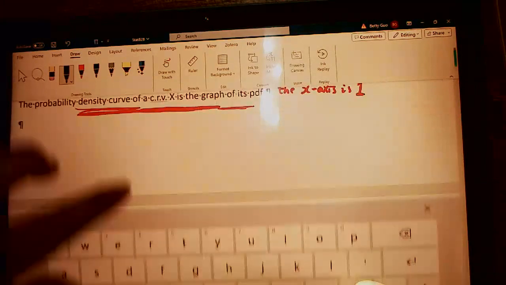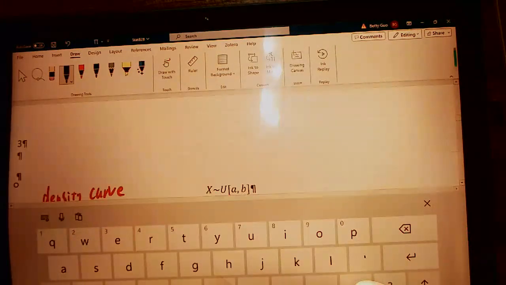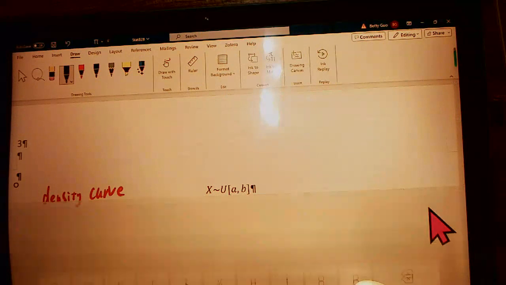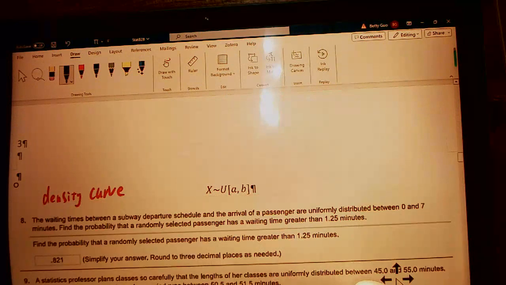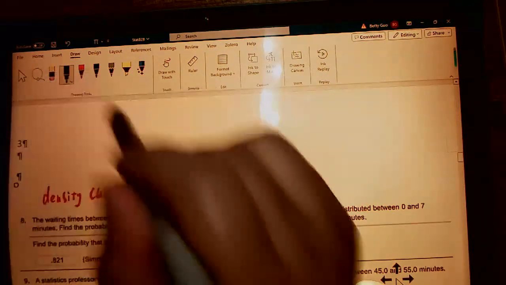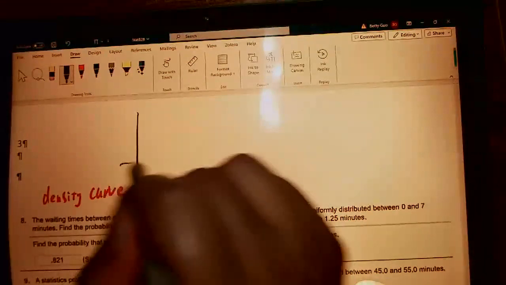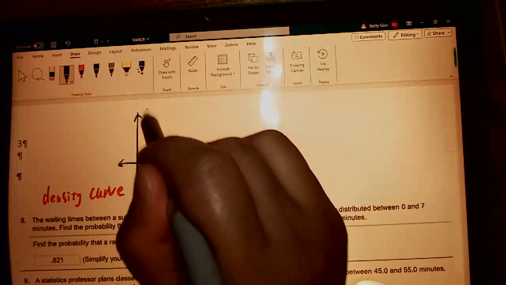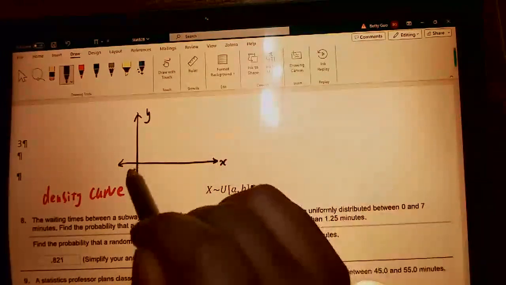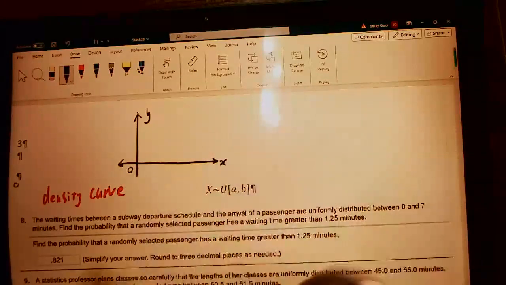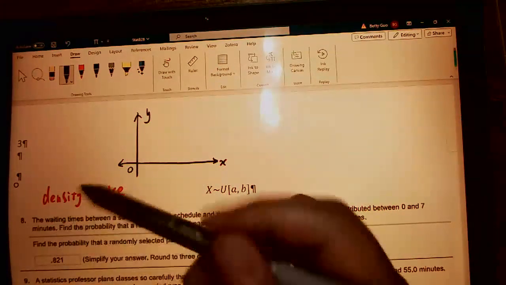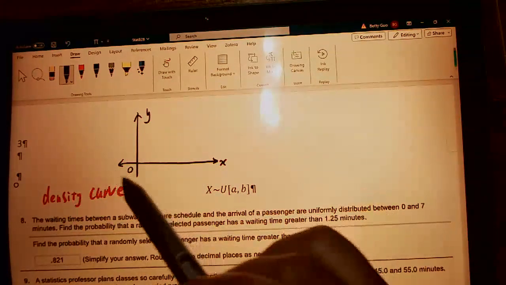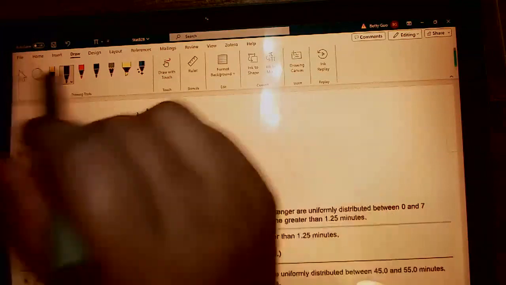How do we know if a continuous random variable satisfies a uniform distribution? If we look at its density curve, and its density curve looks like this. This is a rectangular coordinate system, right? Since the density curve has to be completely above the x-axis, we do not really need a lot below 0.